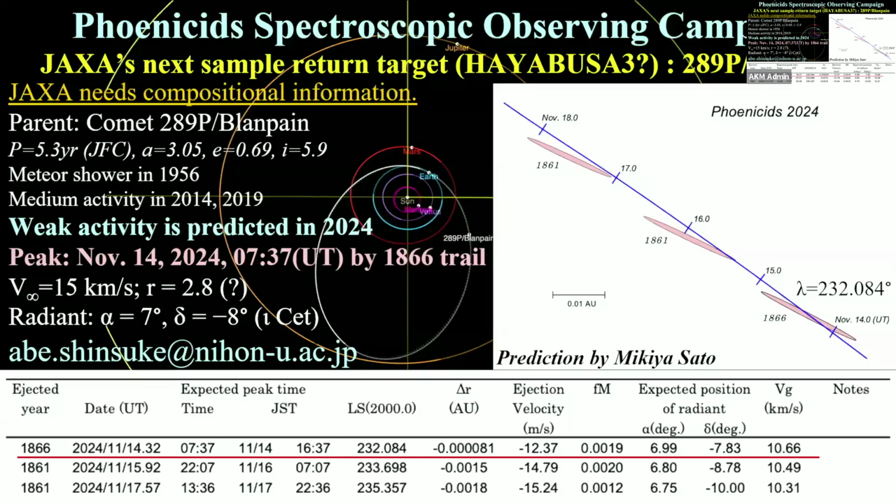JAXA asked me to get spectroscopic information. They need more compositional information. Because ground-based observation of Brampen is so poor, they cannot get information from the parent body directly before launching. The launching date is probably 2030 or 32, I don't know. But yes, this is the campaign.